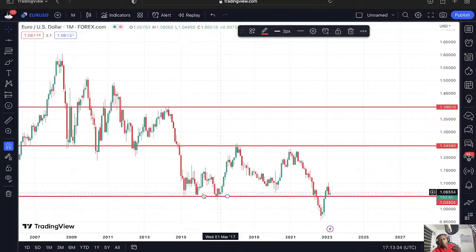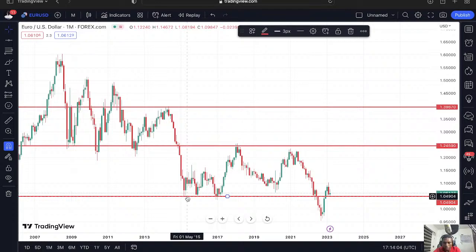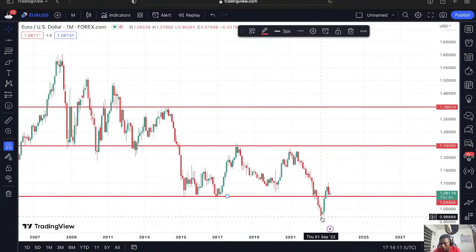Price was held from breaking through this level, after which price went up, came down, went up again, came down to that same level, which is the 1.0490 level, and broke out to the downward side.